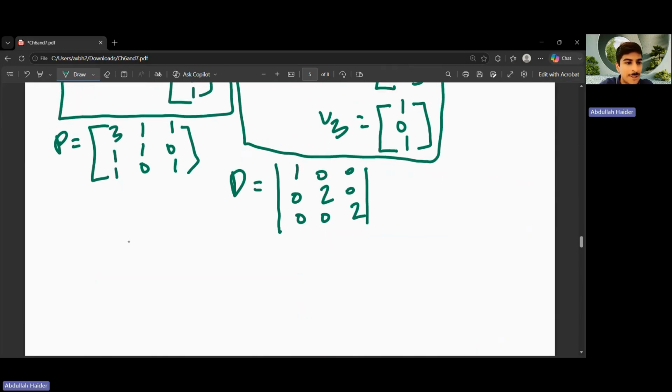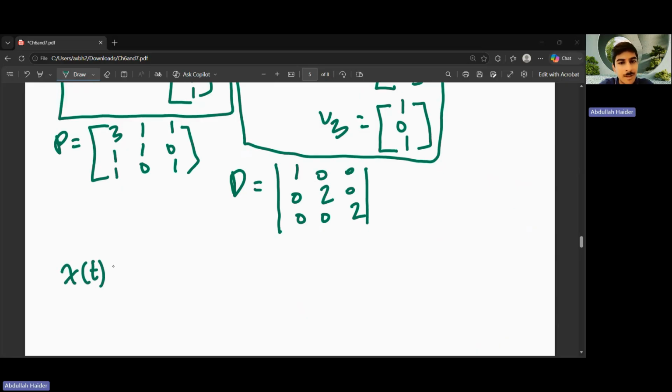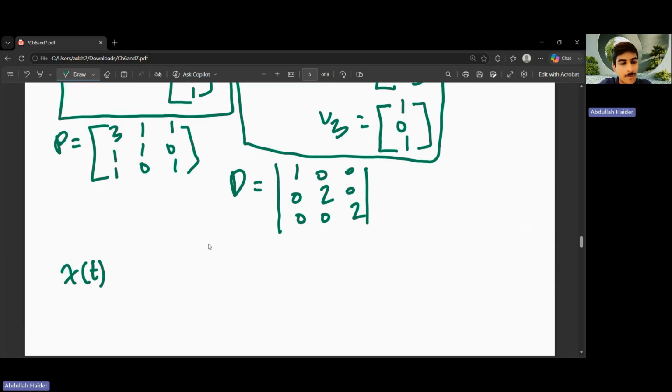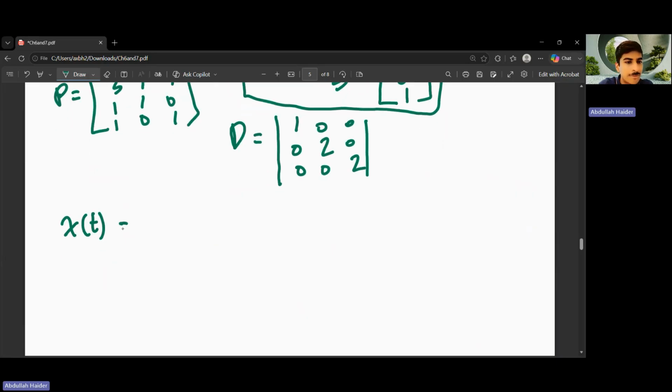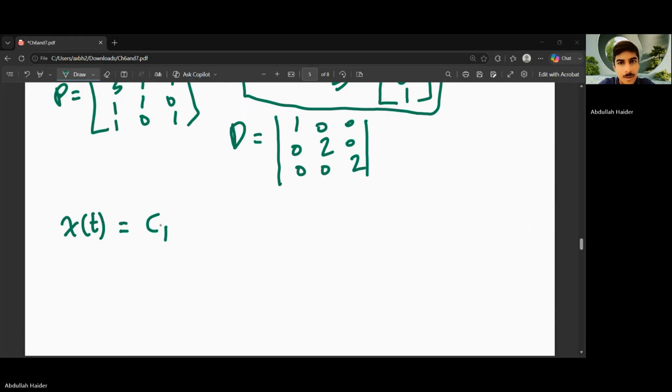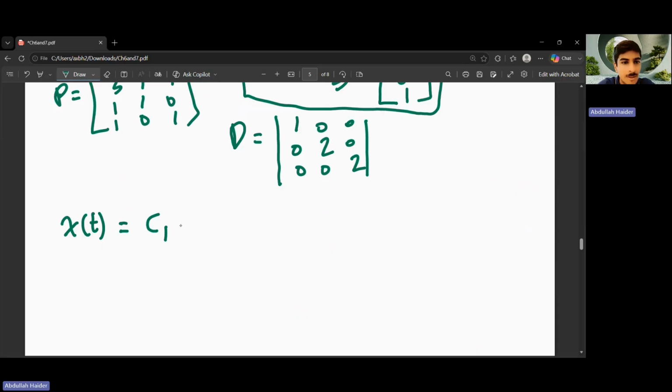So now we need to find our equation, which is in terms of x of t. How to do this is, your x of t will be in the form of c1 e to the power lambda t v1 plus and so on.